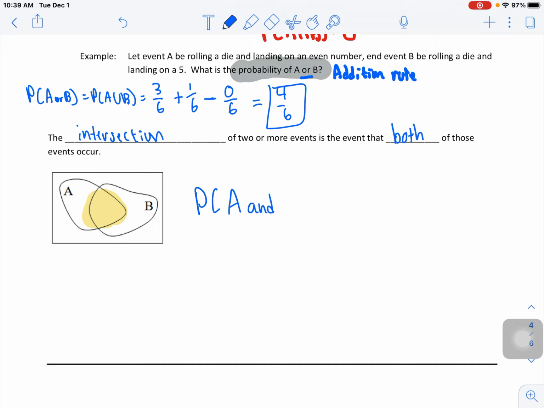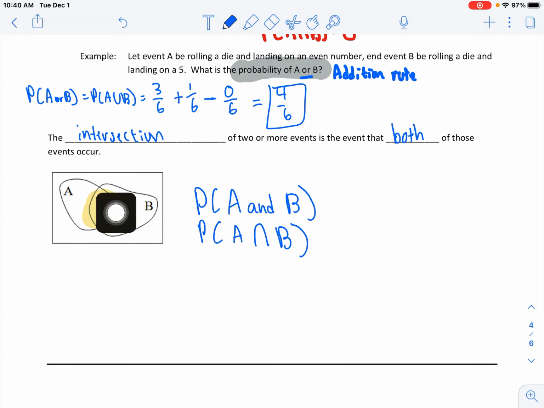This is the probability of A and B happening. So if you see the intersection, we're talking about the middle. That's both A and B happening.